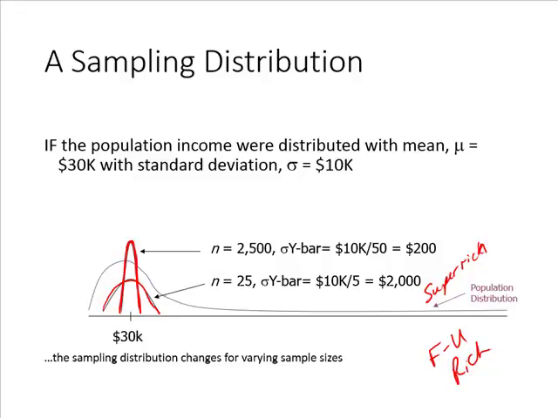There are those people out there, but there's not that many of them. So our sample is less likely to get them in our sample. But the more people we get, the closer our sample mean, our x bar, should get to the true mean, which is mu.